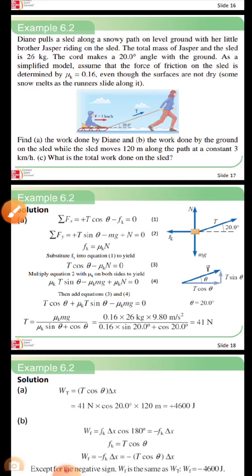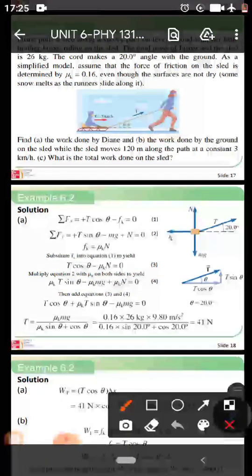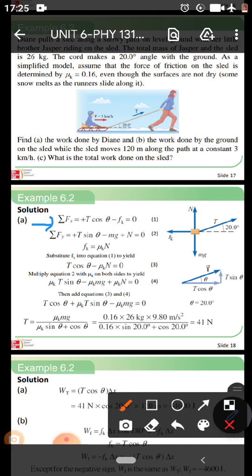So for A, we are required to find the work done by Diane. Let's sum the forces along the x direction. By now I think you're very familiar with doing this. This is negative due to this direction, and then you add this T cos theta, T sin theta.